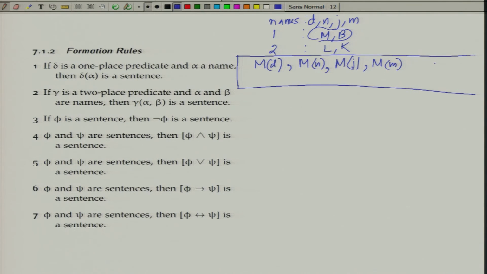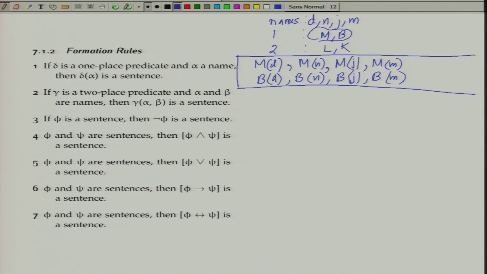And now if we take B, it will be BD, BN, BJ, and BM.